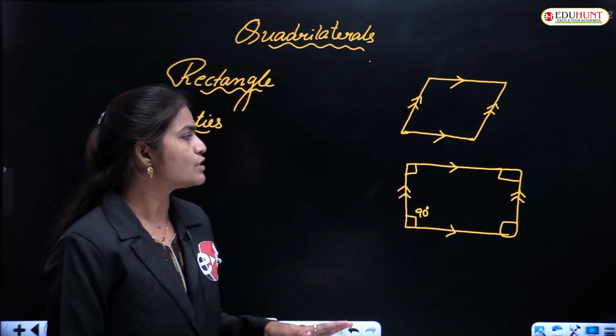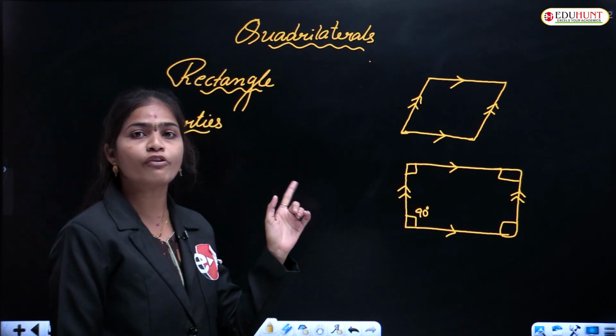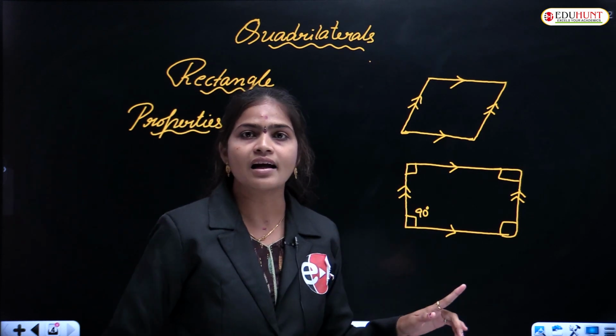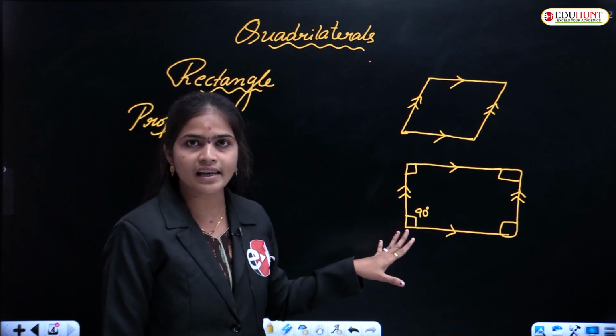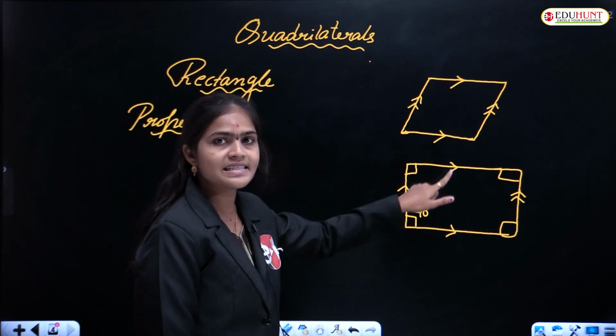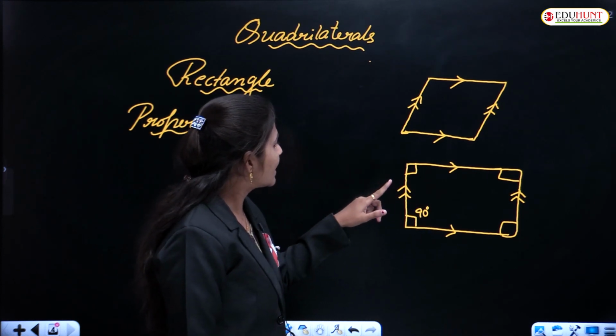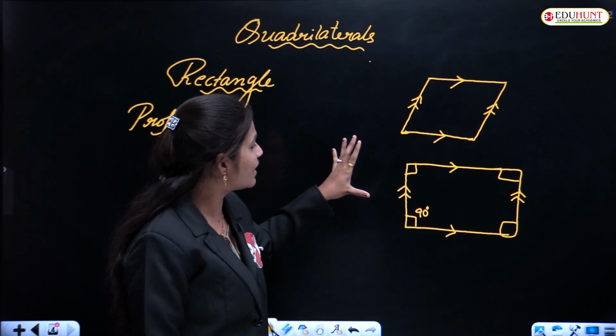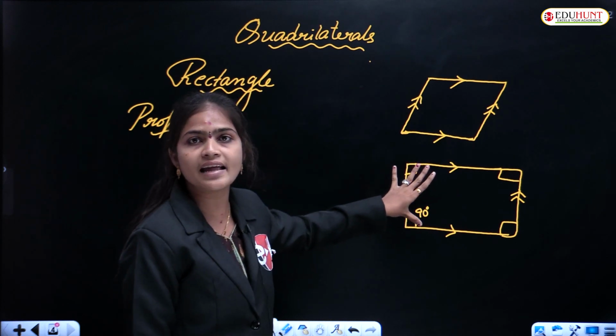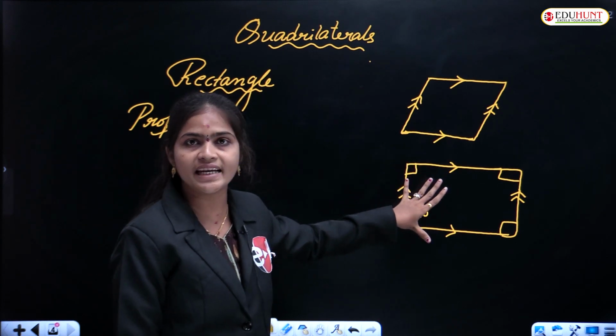That's why all the properties we discussed related to the parallelogram also hold for the rectangle. What is the first property of a parallelogram? Opposite sides are parallel. Next, the sum of adjacent angles of a parallelogram is 180 degrees.